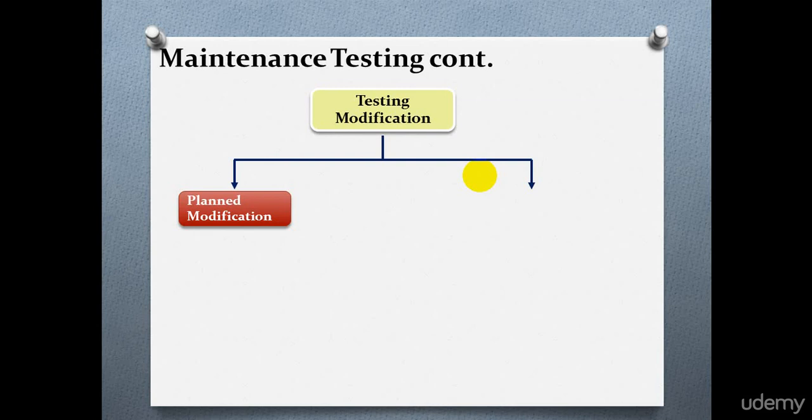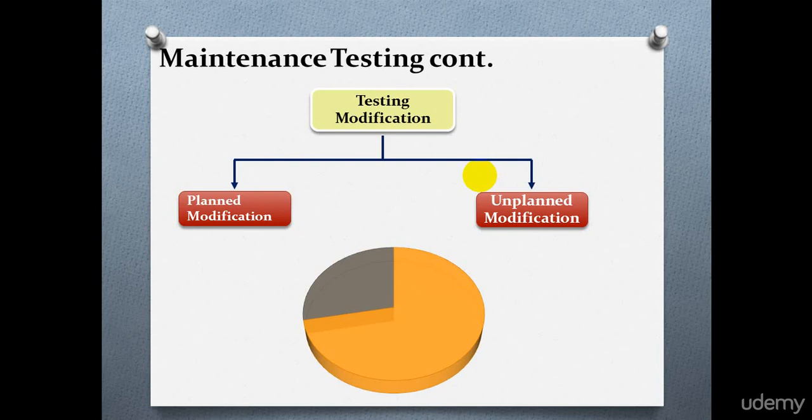These are much more organized and are decided well in advance. Whereas unplanned modifications occur when suddenly defects occur in the system which require an immediate solution. So we have two kinds: planned modifications as well as unplanned modifications.